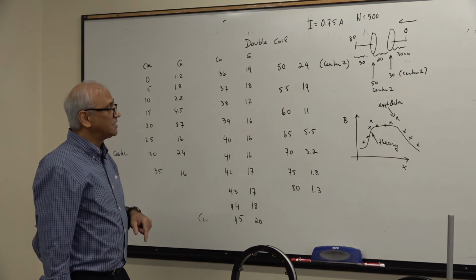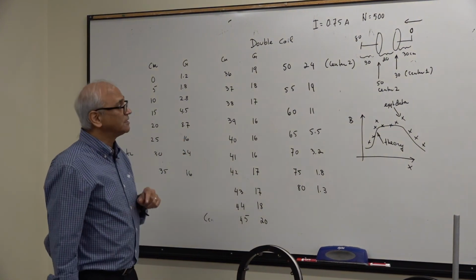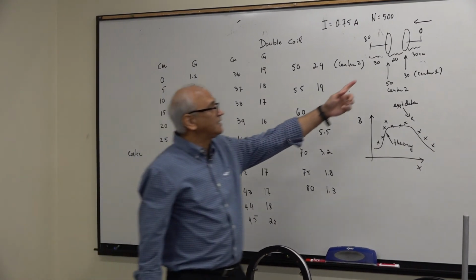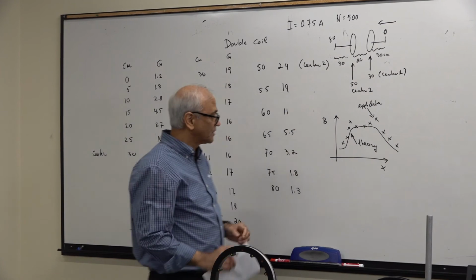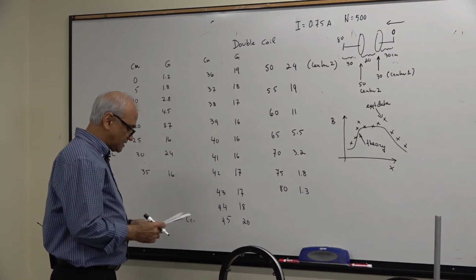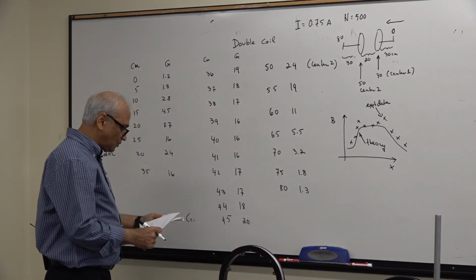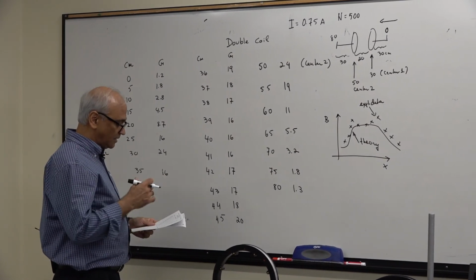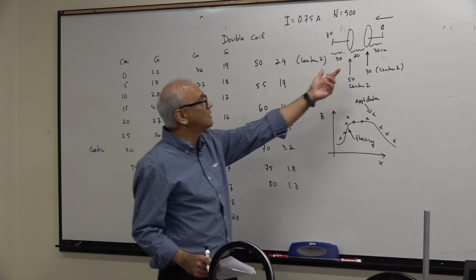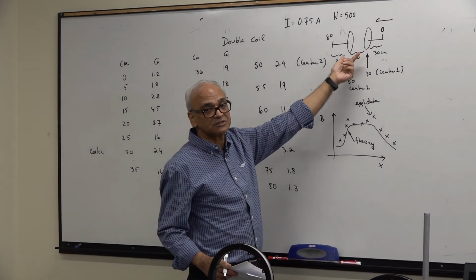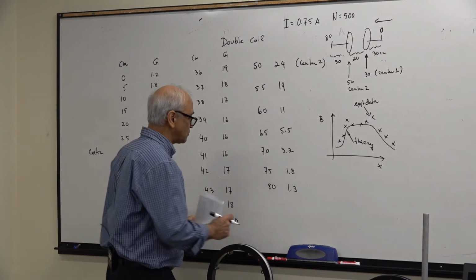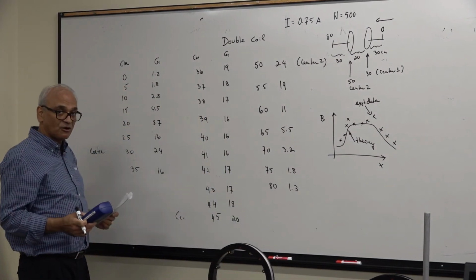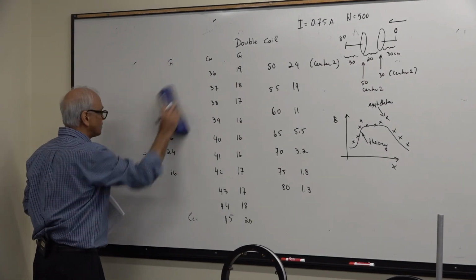So the next thing we did was actually reverse the current in the second coil, so that when you add them up, it will come close to 0. So let's see if that happened. In this case, we started from the center, and then we just took the data only in the center point, along those 20 centimeter, right? So I'm going to erase this, and you can always come back to it, so that's not a problem.